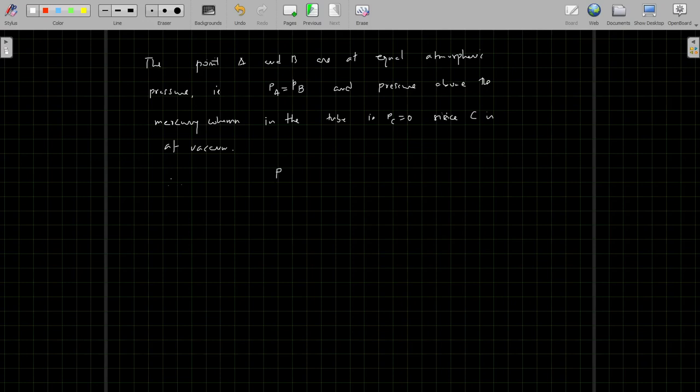Pressure at the bottom, that is pressure at the B, is equal to pressure at the top, which is C, plus H rho G. But PB is equal to PA, as we have seen here. Therefore, we can write PA is equal to PC plus H rho G. But PC is 0.